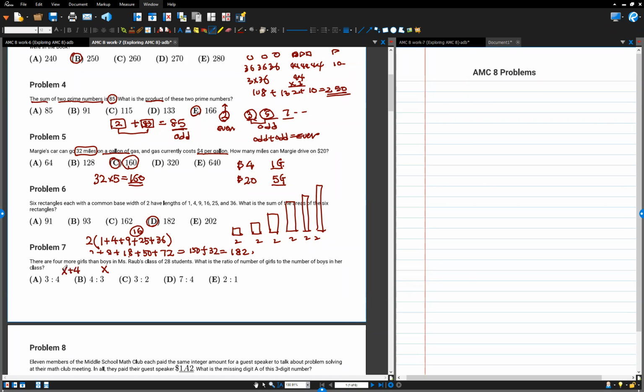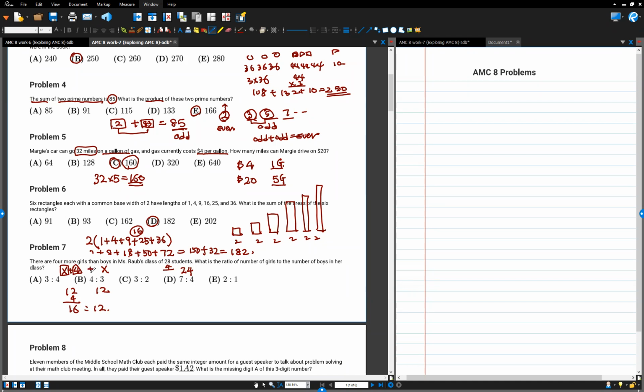Or always, girls is 4 more. When you take the 4 from here, 24, isn't it? Now they have the same number, 12, 12. But girls is about 4 more. This is about 16 and 12. Okay, you can divide it by 4, 4 to 3.